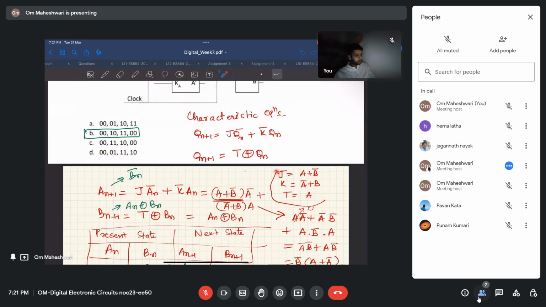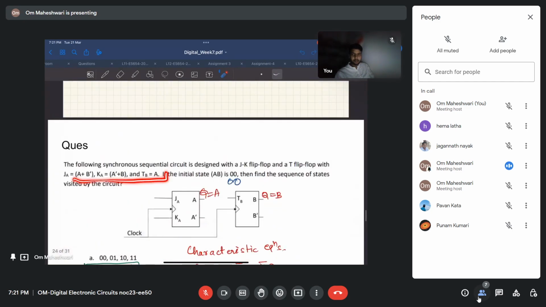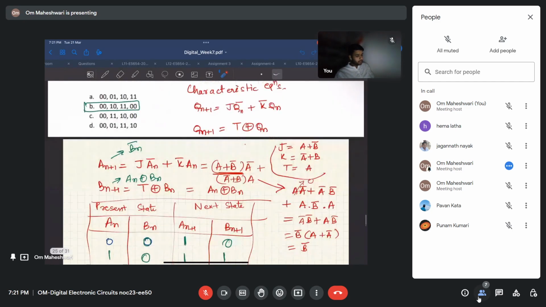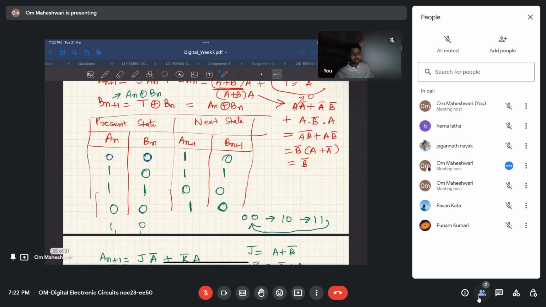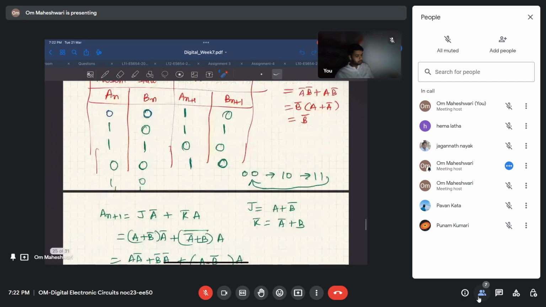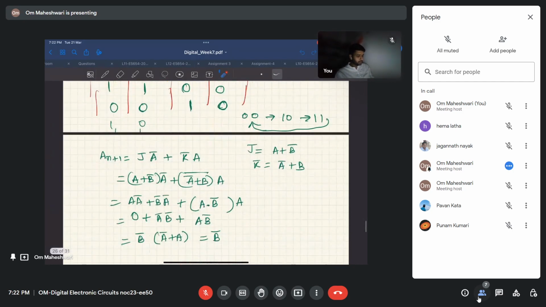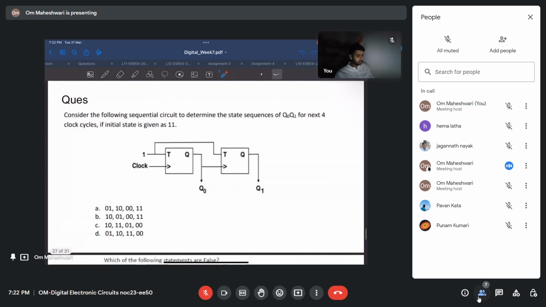Then we put the j and k and t terms that are given already in the question. Determine what is an plus 1 and bn plus 1 in terms of an and bn. Then we just followed the sequence. And we found this sequence repeats 0, 0, 1, 0, 1, 1, and again. Okay, let us move on to the next question.